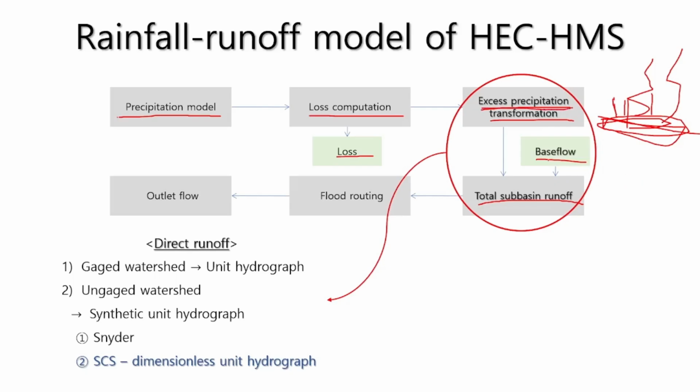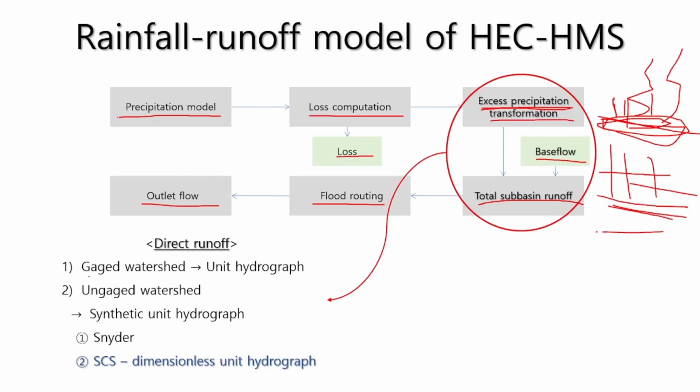And whatever water eventually makes it to the water table and goes below the water table and flows on the ground, that's base flow. So combining the excess precipitation with base flow, we get total subbasin runoff, and then from that we get flood routing, and then from that we get outlet flow. So that's the whole process.